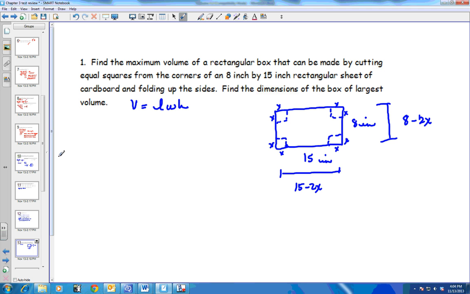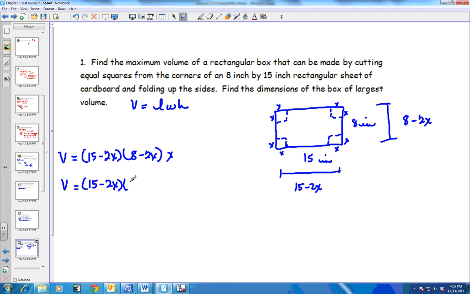Okay, so my volume is this side, 15 minus 2x, times this side, 8 minus 2x, times my height, which is x. Okay, so I'm going to say 15 minus 2x.